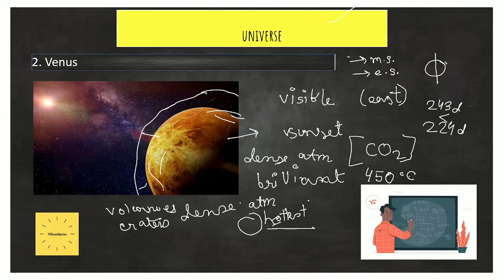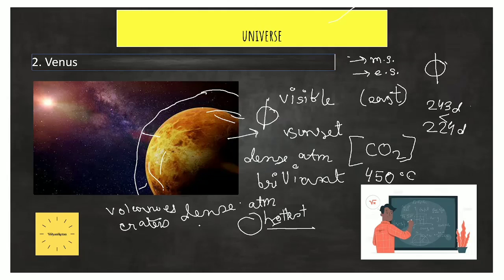On Earth, one day is equivalent to 24 hours. But on Venus, when it takes a turn about its own axis, it takes 243 days. Therefore Venus has the longest day.